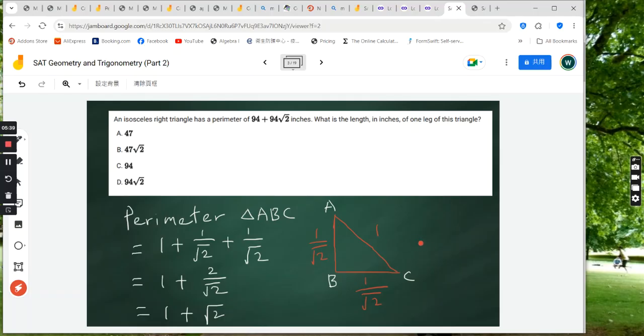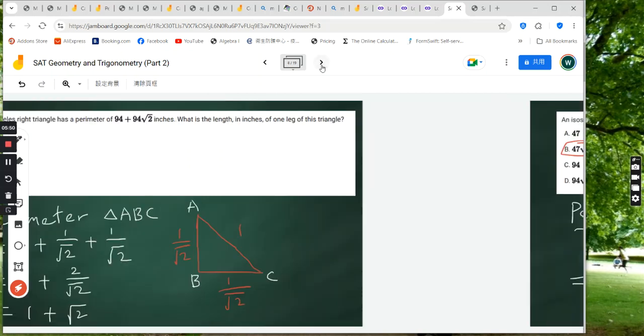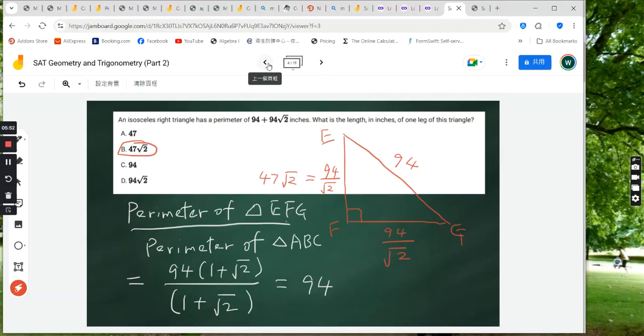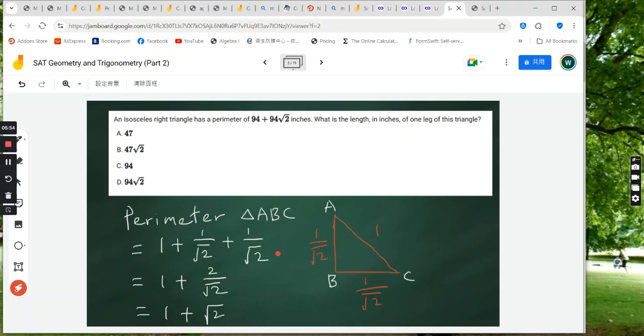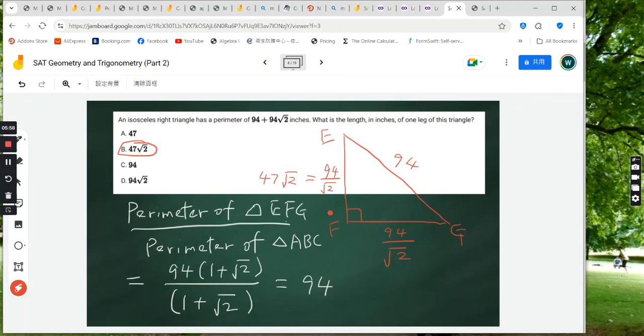Because of AAA, three pairs of the angles are congruent, so this triangle and this triangle are similar, right? All right, and if they are similar, then the ratio of the perimeters will be given by a certain factor, and we're going to find out what that factor is.